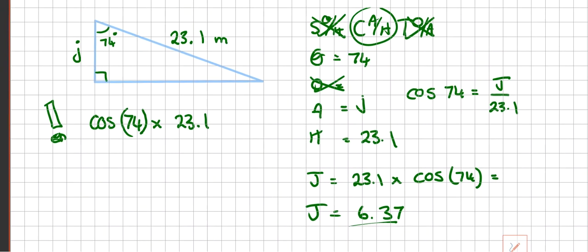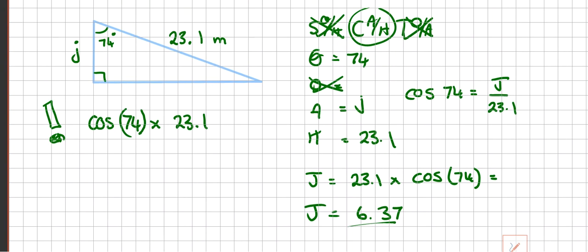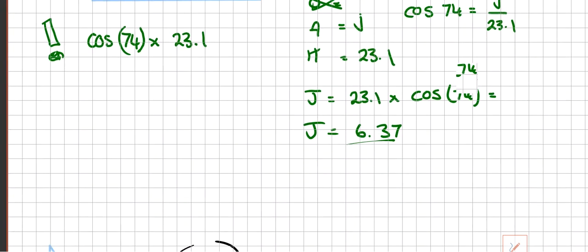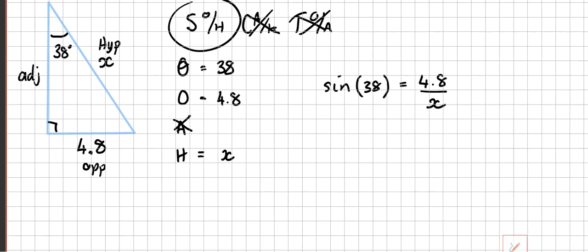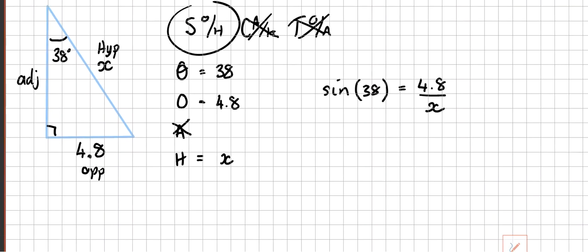Previously, we were left with something divided by 20, so we just multiplied by 23.1. Obviously, do we just multiply by 4.8? No. Do we divide by 4.8? Maybe. We could divide by 4.8, but that doesn't give us x.